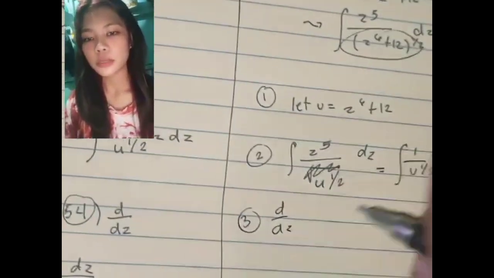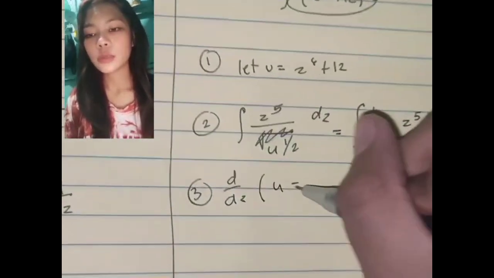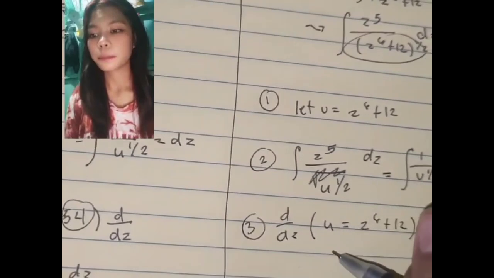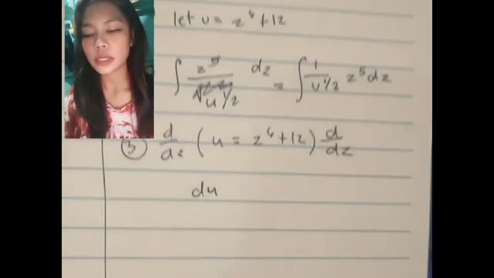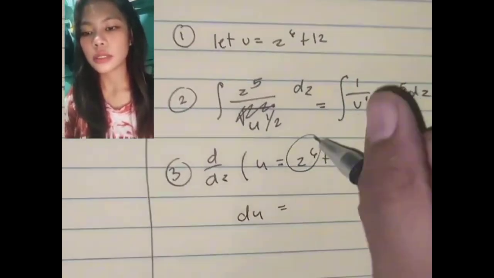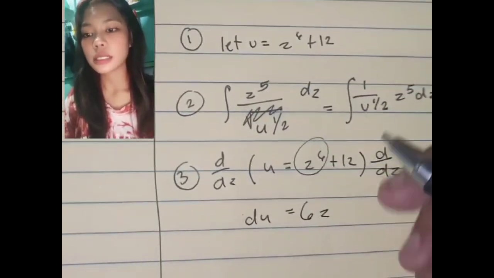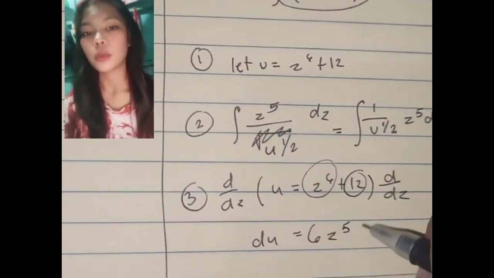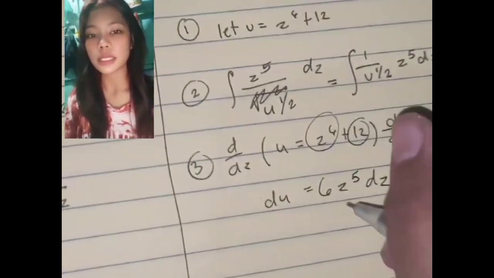For step 3, u is equal to the inner function, then we take the derivative of both sides, d over dz. So the derivative of z raised to 6 is 6z raised to 5 dz. Now we will divide both sides by 6.